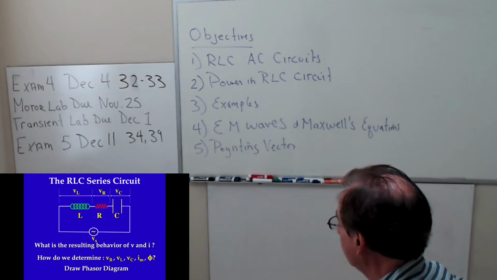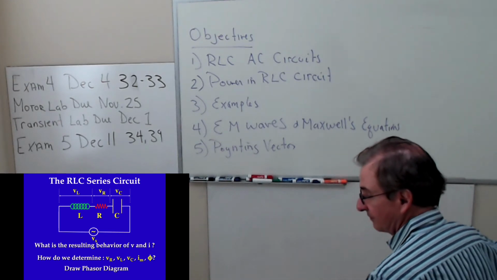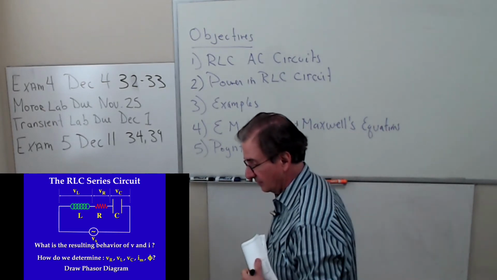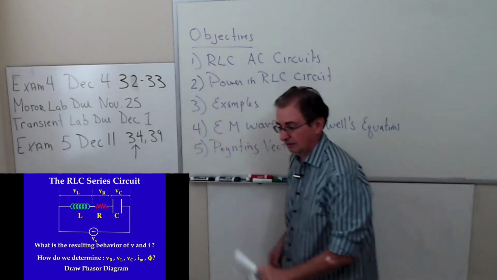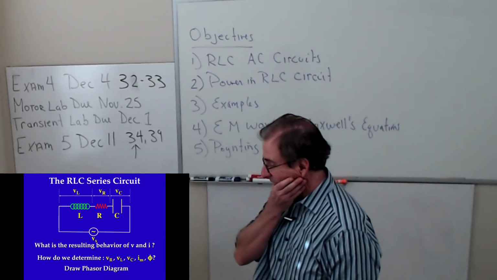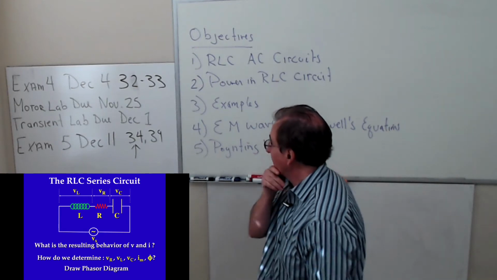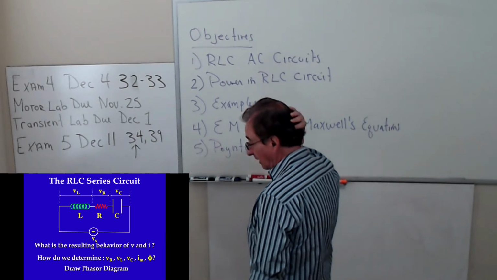Does that sound okay? Generally, I only give one problem on this chapter. Okay, so why don't we do that? Okay, so let's make exam 4 on chapters 32 and 33, and exam 5 on 34 and 39.